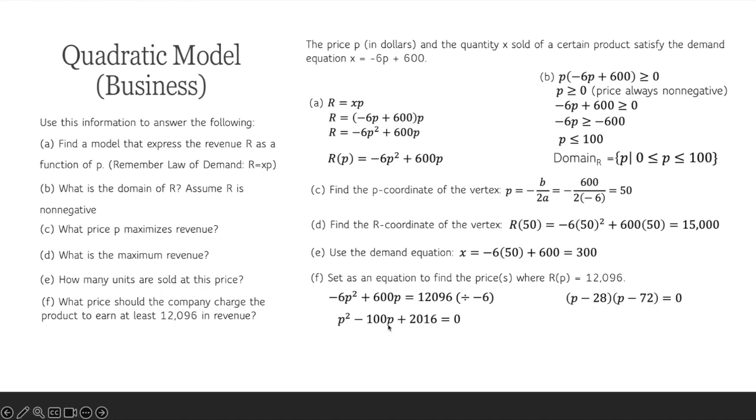You need two numbers whose sum is negative 600 and whose product is 2016. And if you use the quadratic formula, you're going to find the same two values of P. That is the number 28 and the number 72. So you found two prices that will make the revenue exactly $12,096.